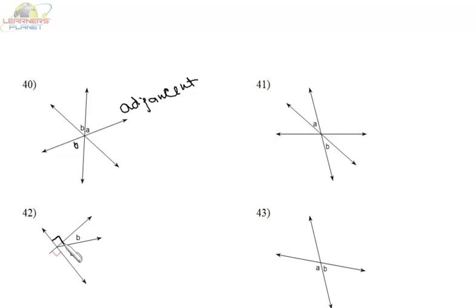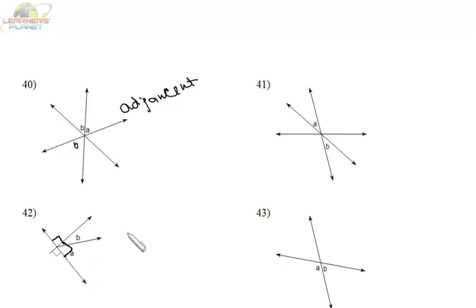Now since it is a straight line, this remaining angle will also be 90 degree, so the complete angle should be 180 degree. So it is 90, that means this remaining angle will also be 90 degree. Now A and B are adjacent angles since they are having a common arm and common vertex.